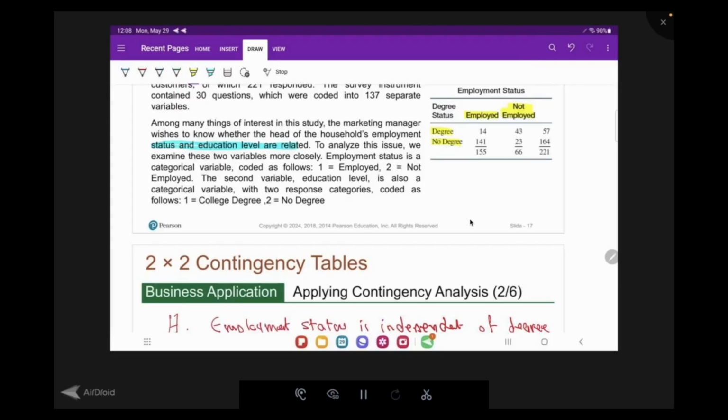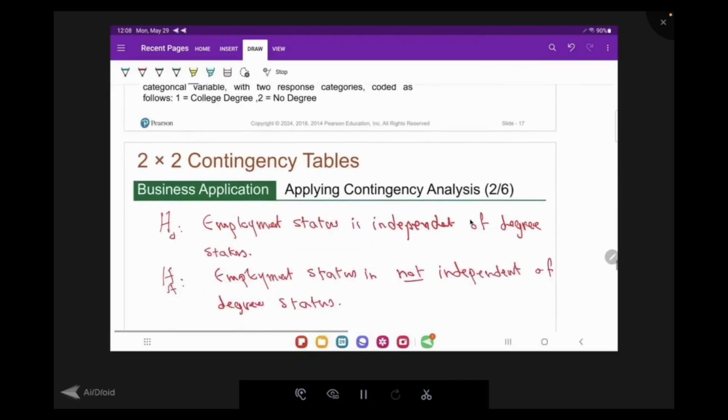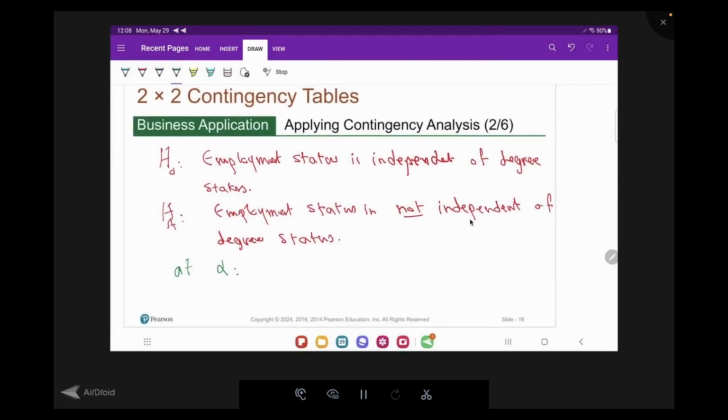We counted how many are employed and have a degree, how many are employed and do not have a degree, and so on. The question is to test the hypothesis at the significance level alpha equals 0.05. We need to know whether there is a relation between the responses to these 2 variables or not. We're going to use the chi-squared again, the same formula, but I will not do this by hand. I will go to Minitab.